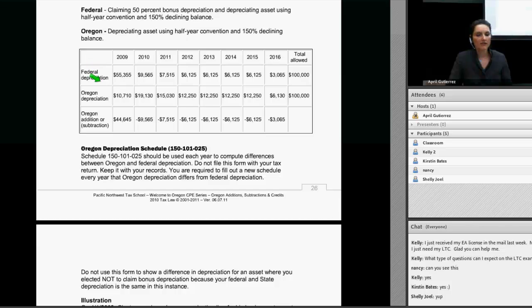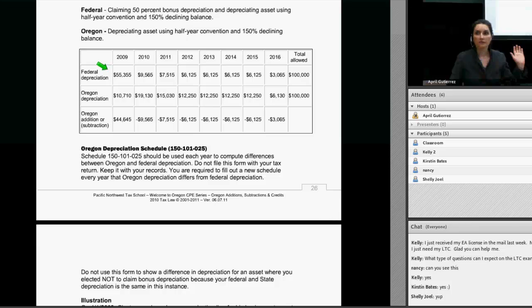In 2009, the federal depreciation is going to be $55,355 because you take $100,000 in bonus 50%, that gives you $50,000, and then you have the remaining 50% being depreciated at half-year convention and 150% declining balance. So that gives another $5,355 at the federal level.